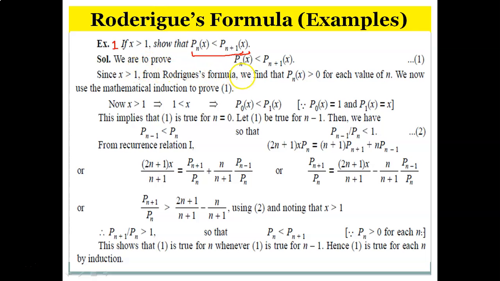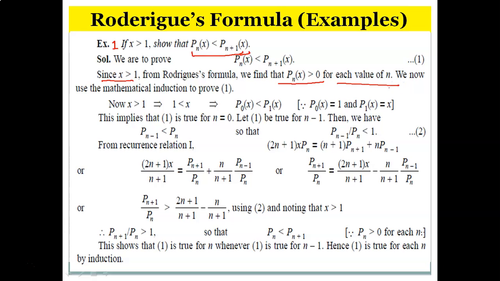So here we prove P_n(x) less than P_(n+1)(x). Now since for x greater than 1, from Rodriguez formula we find that P_n(x) is greater than 0. From the Rodriguez formula it can be inferred that the value of P_n(x) is greater than 0 when x is greater than 1 for each value of n.